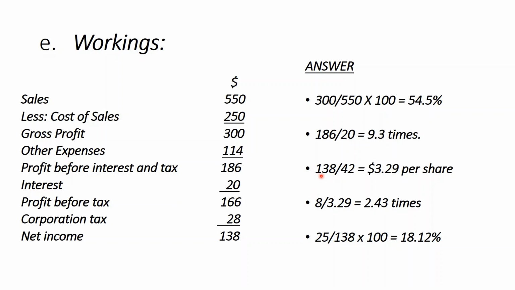It's 138, the earnings, divided by 42,000 shares, so we get $3.29 per share. Then we have the price earnings ratio, which is the market price divided by the earnings per share. We get 2.43 times. And finally, the cash dividend divided by the net income multiplied by 100 is 18.12%.